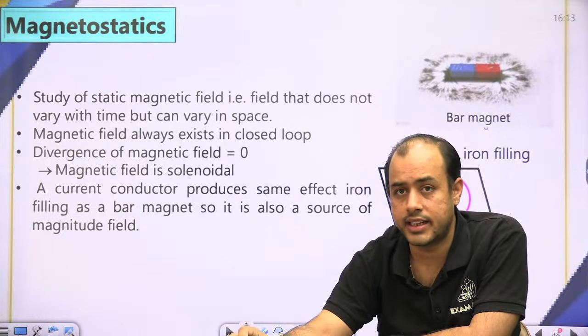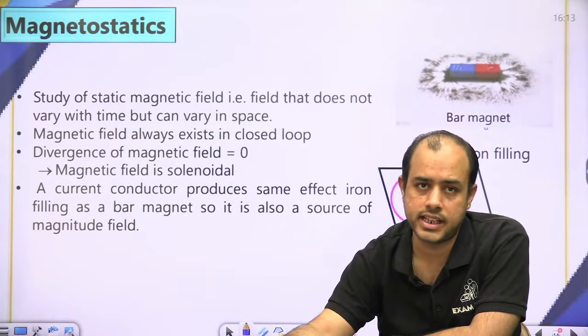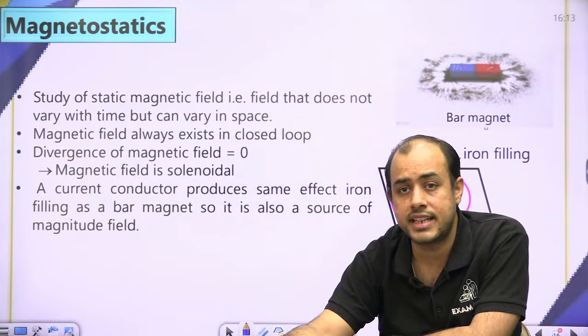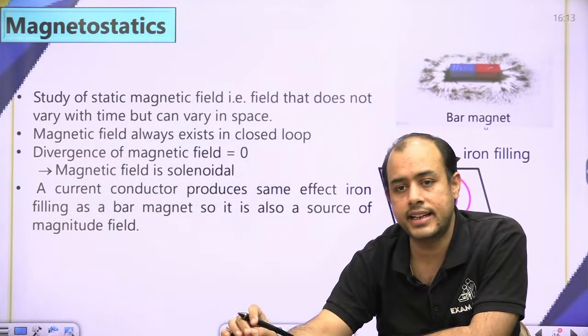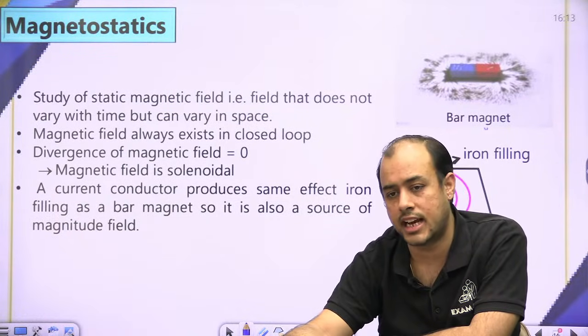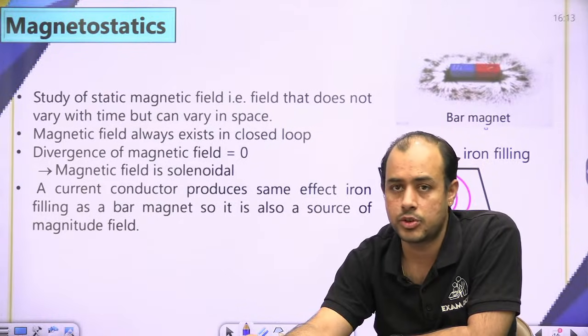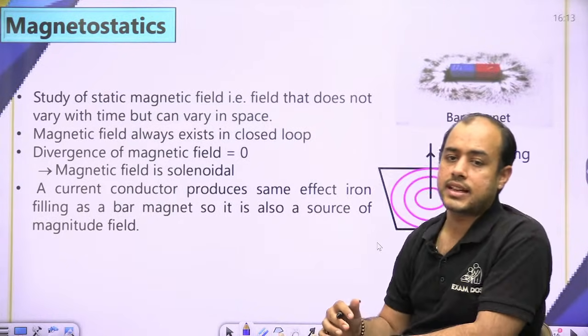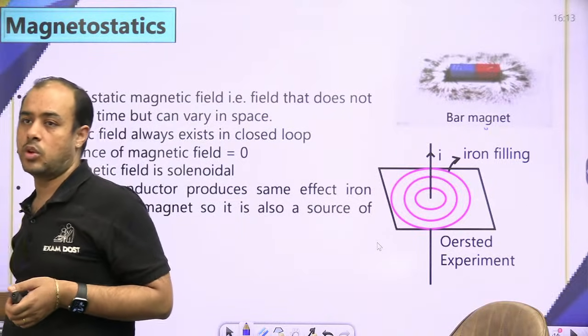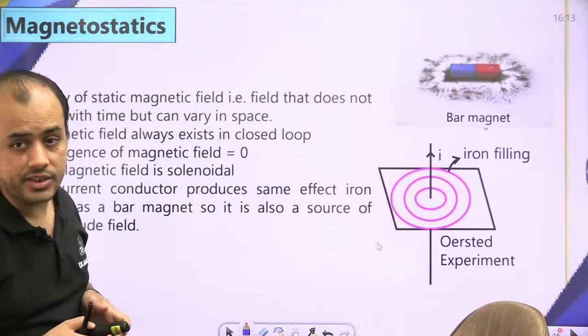So what is magnetostatics? Magnetostatics is the study of static magnetic field, which means the magnetic field does not change with time. Yes, it can vary with the coordinates x, y, z, but it should not change with time. That is magnetostatics. Now, what are the important properties of magnetic field? Magnetic field is solenoidal, so the divergence is zero.